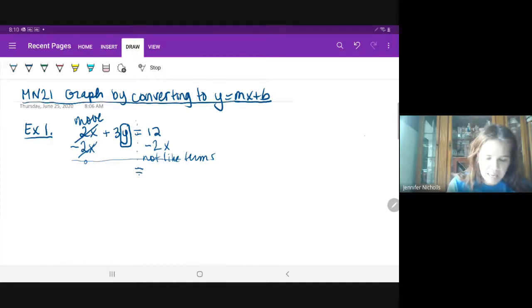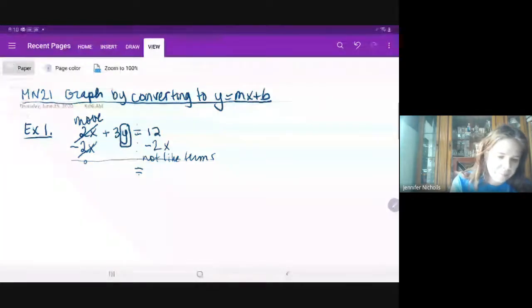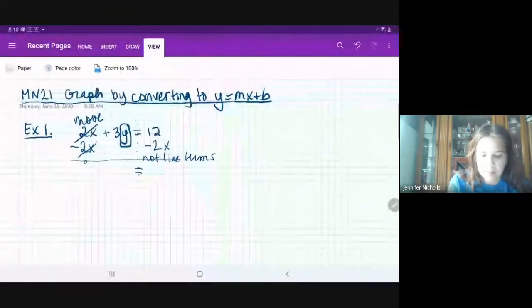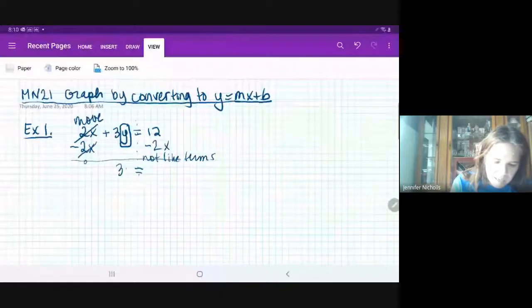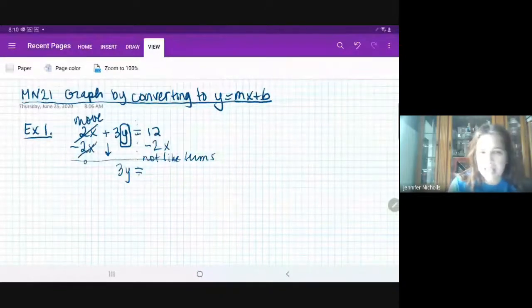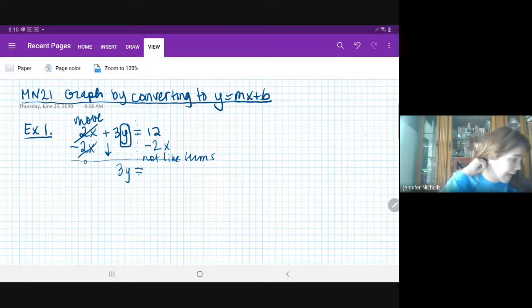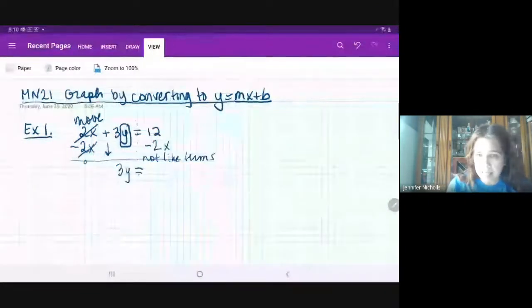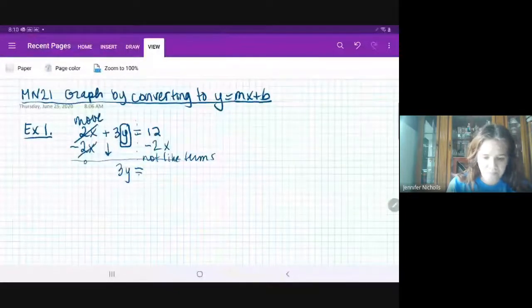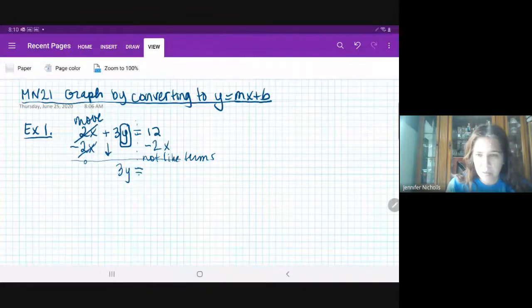What would the left side of the equal sign say? 3y, I agree. And we'll take the sign down in case it was a negative. It's not a negative, so it's fine to just put 3y. But if it was a negative, we would put negative 3y. And then on this side, it doesn't make 10x because they're not like terms.